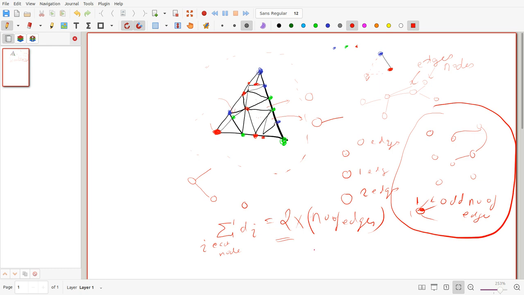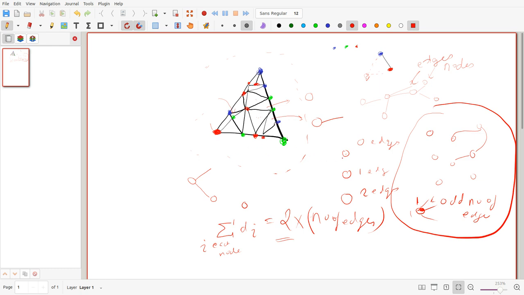I'm left with the sum of the degrees of all of the other nodes. Here we have an even number, and I subtract an odd number, so I'm supposed to get back an odd number. So if I forget about this guy, the sum of the degrees of each of the other vertices must also be an odd number.